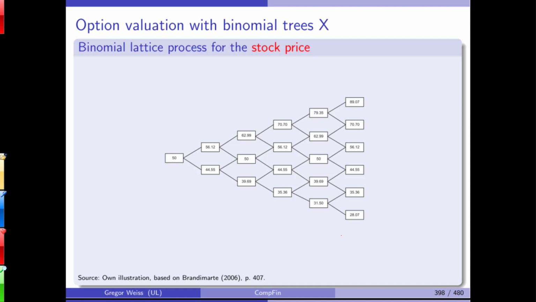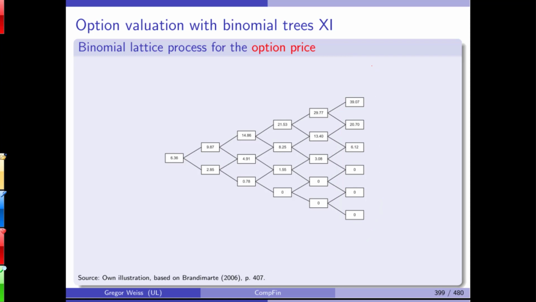Okay. Now this is the binomial lattice process for the stock price. We start at 50, it can go up, it can go down, it can stay at 50, and so on. So in the end, after 1, 2, 3, 4, 5, 6 months, this here is ST at maturity.